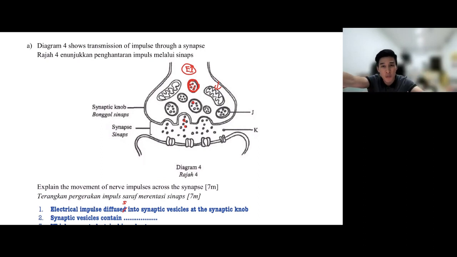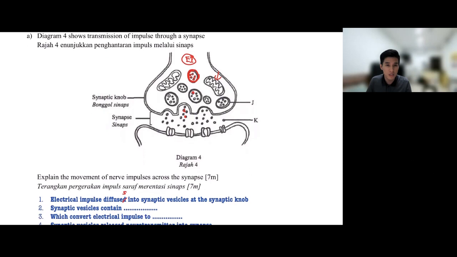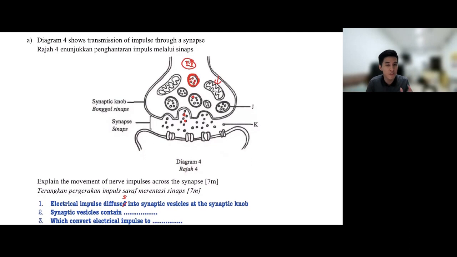So how does it transmit nerve impulse? You need this thing to convert what to what? You convert the electrical impulse to chemical impulse. Exactly. So we convert electrical impulse to chemical impulse.